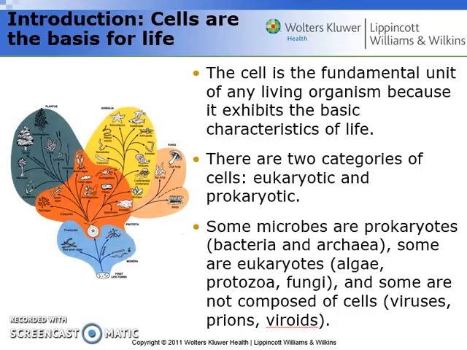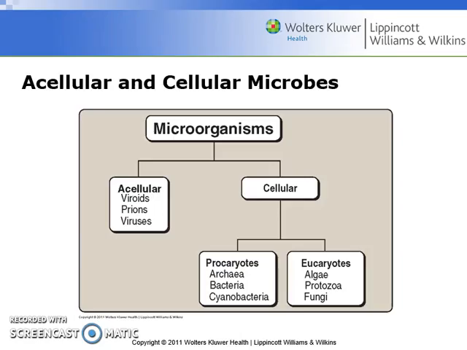They fall into the category of being acellular, which means they do not have a nucleus. And I have a diagram to highlight where these microorganisms fall. So acellular microorganisms, again, are not surrounded by any type of cell membrane. They are made of proteins and possibly some sort of protein outer coat to surround the genetic material.